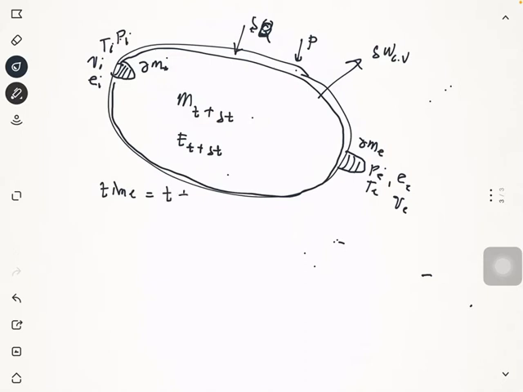plus partial of t. Now this is an exact differential of t. It is at state 2, as you can see.